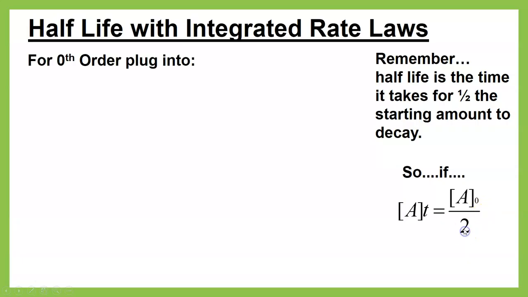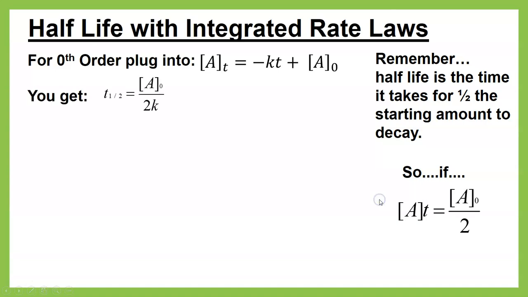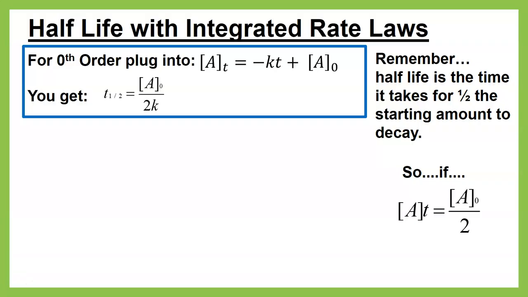So if you plug that in to a 0 order reaction, you end up saying that your half-life is your starting concentration divided by 2 times the rate constant. And that will tell you how long it takes for half of your material to have been used up.